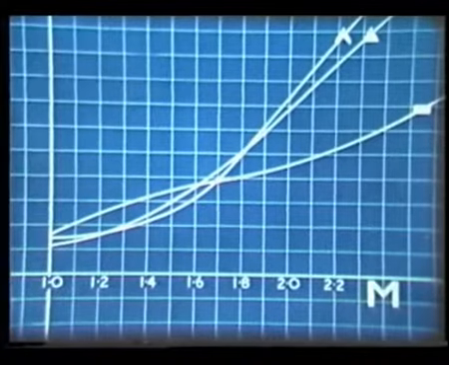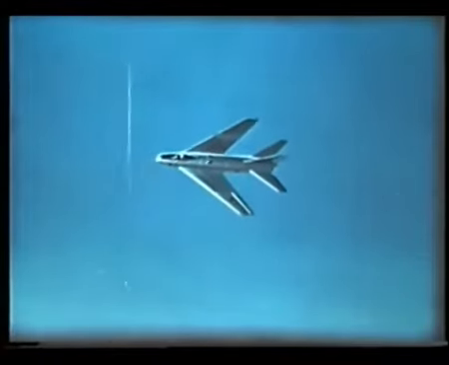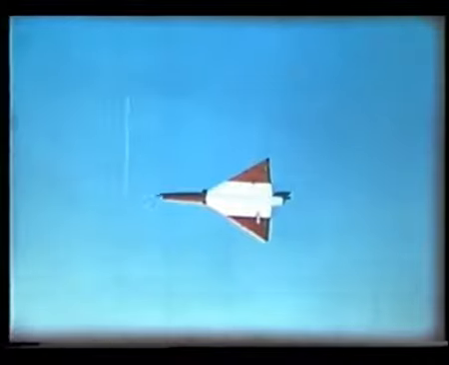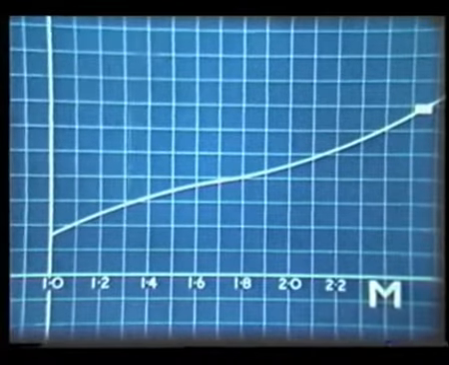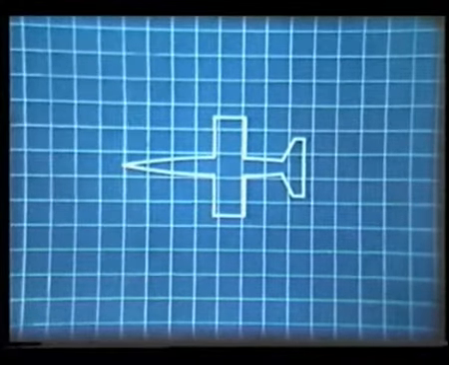It looks as if below about Mach 2, the advantage for low drag lies with the swept shape. Or with the delta. While above Mach 2, the straight wing planform seems at first sight to be better.